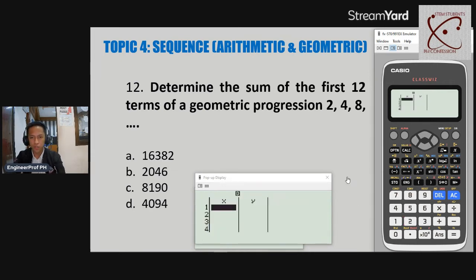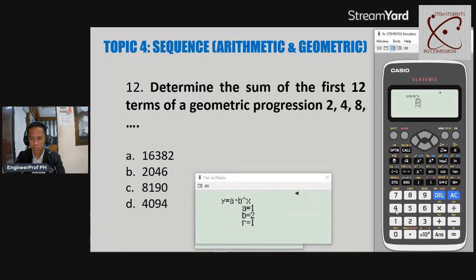Ayun, so for the first term, 1 equals, so that is 2. 2 yung first term, yung second term is 4. Navigate lang natin. Then for the third term, that is 8. Then okay na yan. So 1, first term, 2, second term, 4, third term, 8.